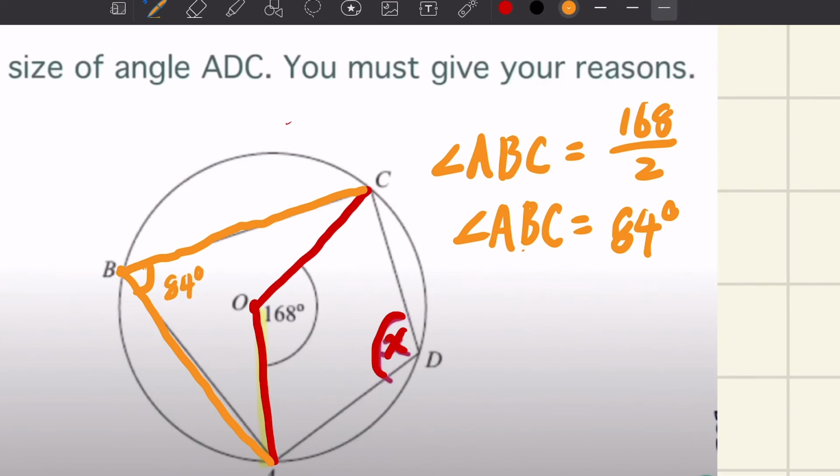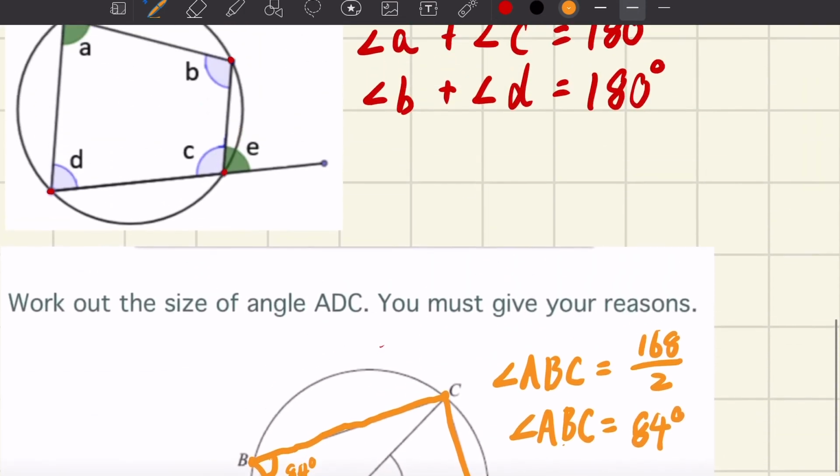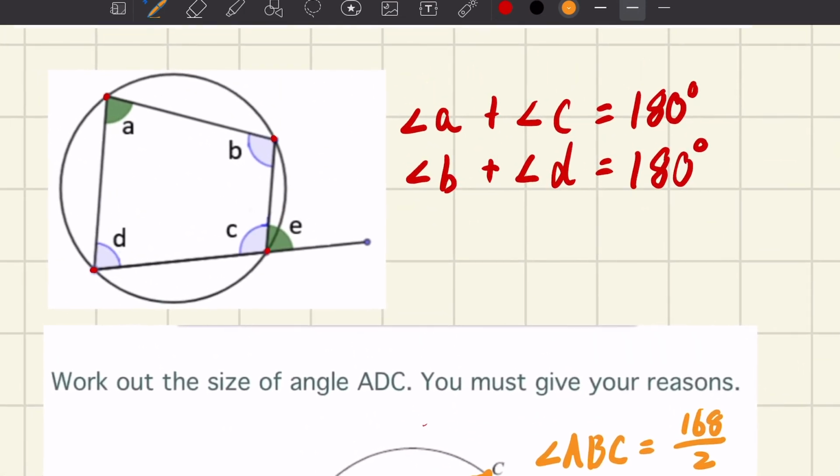You may notice that there is a cyclic quadrilateral inside this circle. Let me just trace it so it's more clear to see it. There is a cyclic quadrilateral inside this circle because all of the four vertices are on the circumference of the circle. And so we can use the theorem for cyclic quadrilateral.